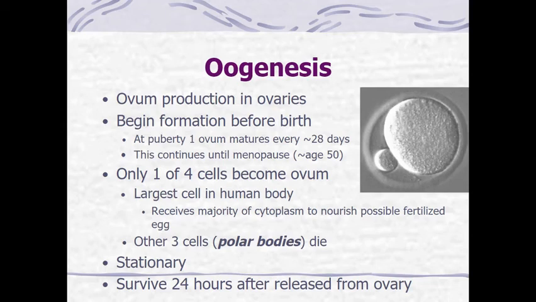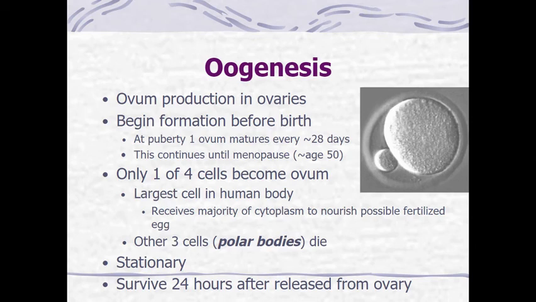The egg is not able to move on its own. It is able to get from the ovaries to the uterus through the fallopian tubes by cilia in the fallopian tubes. Tiny little hairs actually push the egg along. And the egg can only survive for 24 hours once it's released from the ovary.